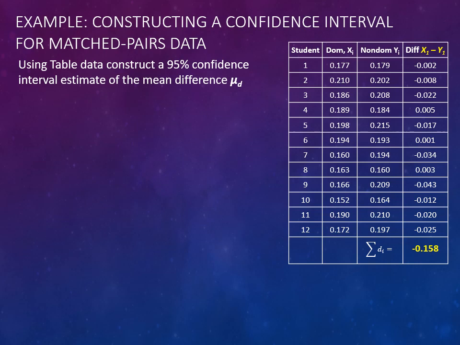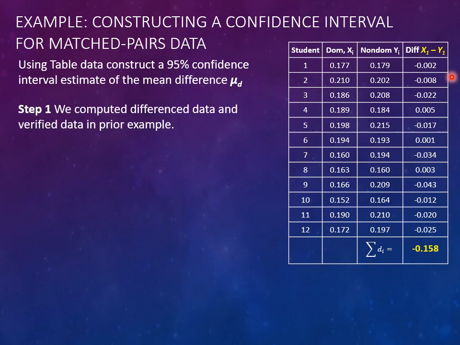So if we look back at the data from the last table, we're going to construct a 95% confidence interval estimate of the mean difference mu sub d. In the first step, we already did this, and that's to compute the difference data and also to verify the data is normal or an approximate normal distribution.